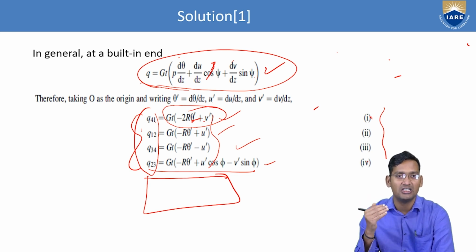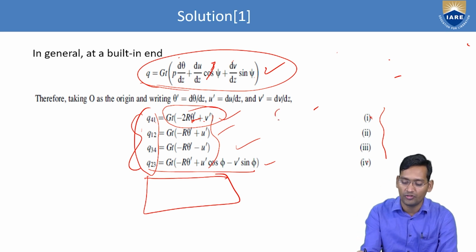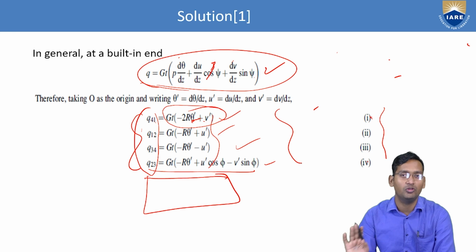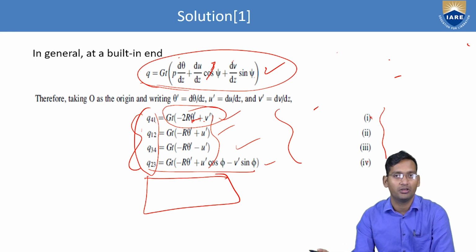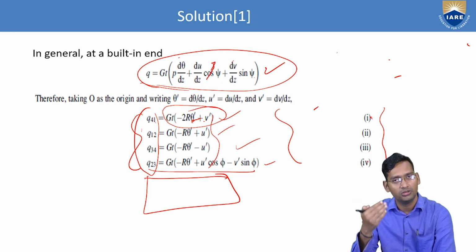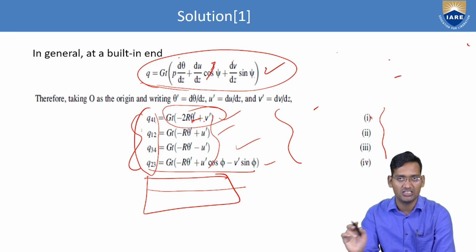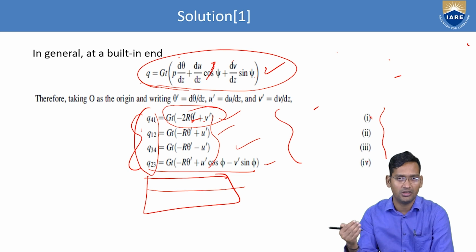Once you have theta dash, V dash and U dash, come back and substitute in the first 4 equations to get the values of Q41, Q12, Q34 and Q23. Right? Like this every time. Even if suppose 5 or 6 arms are there, 6 members or 6 walls, just find first all the 6 equations, then take the moment, consider the vertical and horizontal equilibrium.